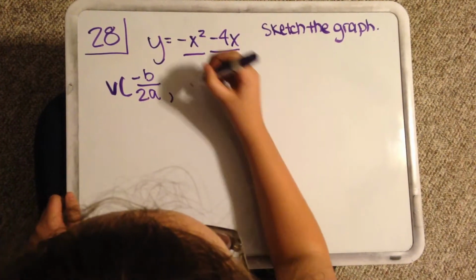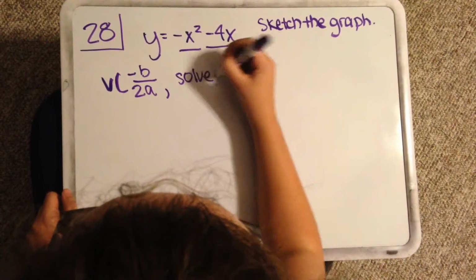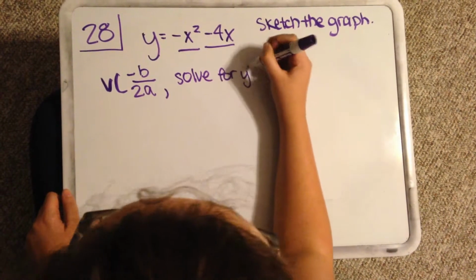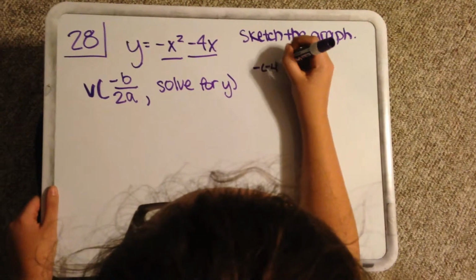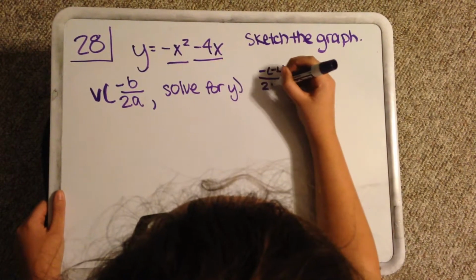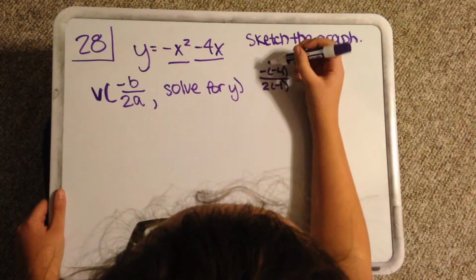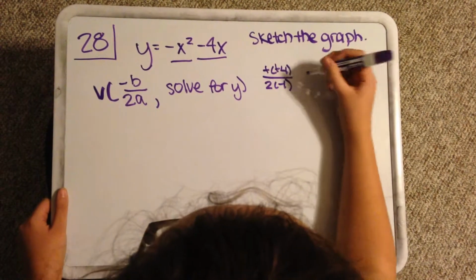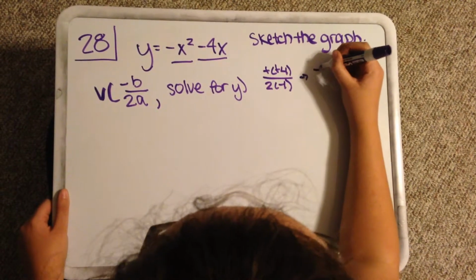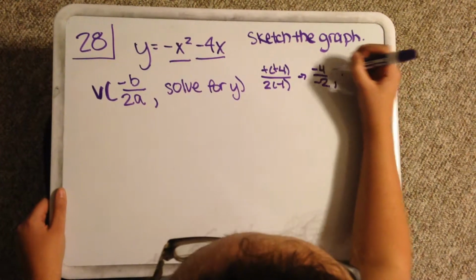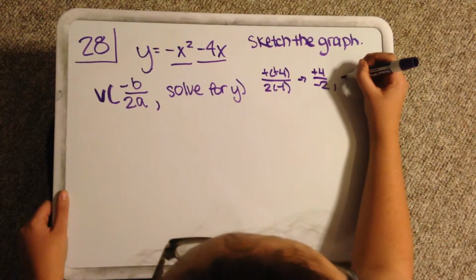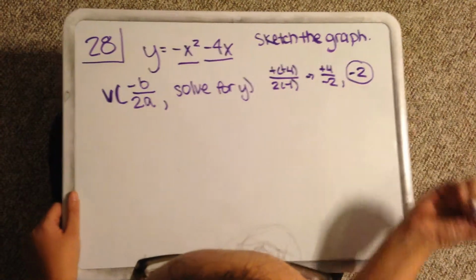And then to get the next term, you solve for y. So what you're going to do is take negative 4 over 2 times negative 1. The negative and the negative cancel there, and so you end up with positive 4 over negative 2, which is negative 2, and that's that.